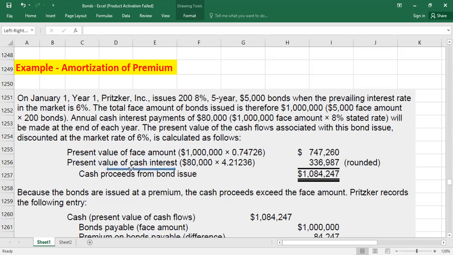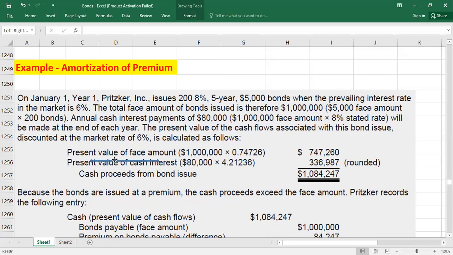Then we sum these two values and compare with the face value of the bonds. If the present value of face plus the present value of interest is greater than face value, it will be a premium. If it is less, it will be a discount. So here is how you can calculate the present value.